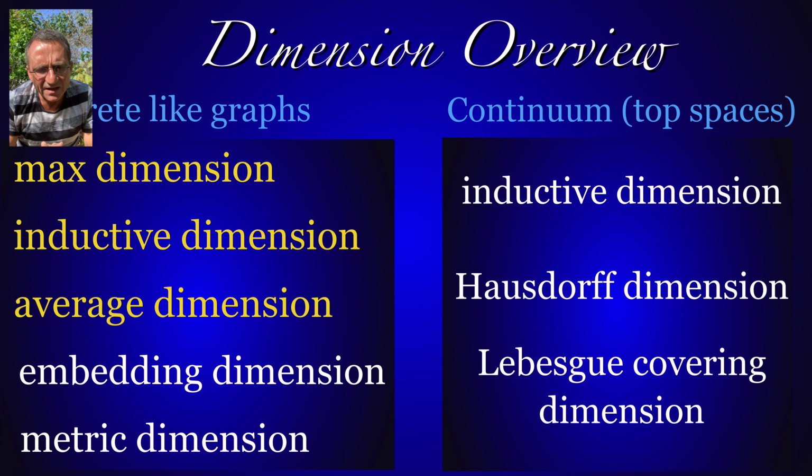And there are other dimensions for graphs or simplicial complexes, which we did not look at, which also are not compatible. And in the continuum there is the inductive dimension, which has motivated the inductive dimension for the discrete Hausdorff dimension, and then there's the Lebesgue covering dimension, which is considered in the continuum.